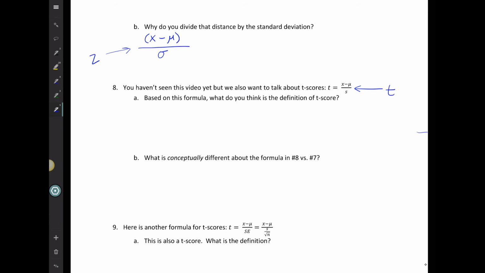What do you think is the definition of a t-score based on how similar these formulas are? What is conceptually different? What's the difference between this symbol and this symbol? Think about conceptually what they represent.